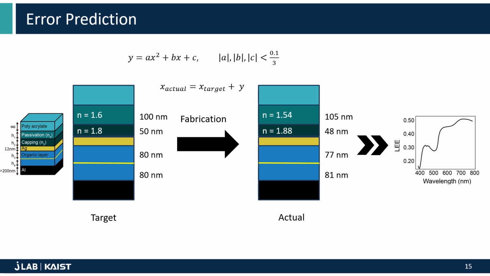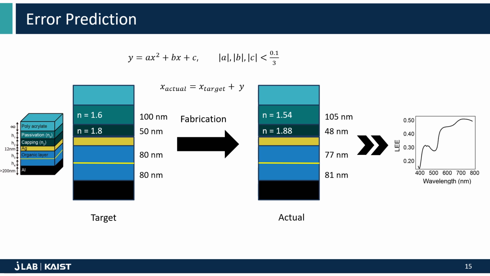We assume the error depends only on the actual input value and not on the target or other external factors. At the bottom there is one example of the error functions.